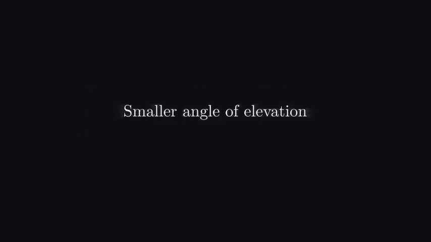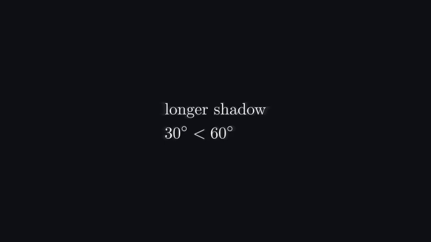Smaller angle of elevation, longer shadow. 30 degrees is less than 60 degrees, so the 30-degree shadow is longer.